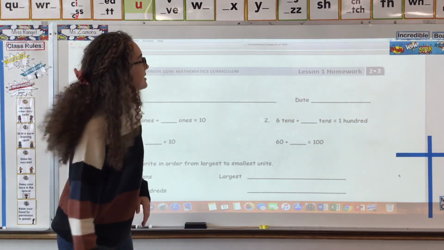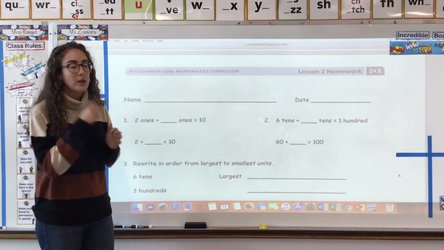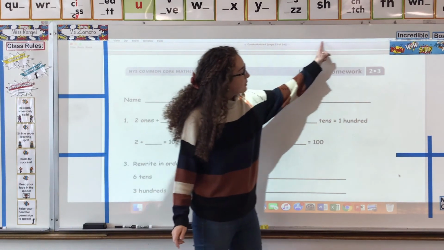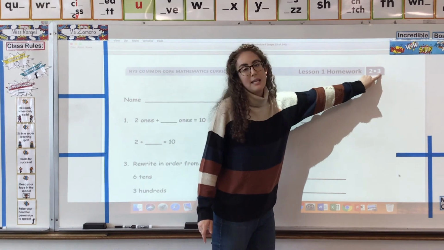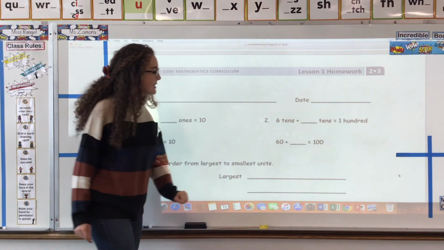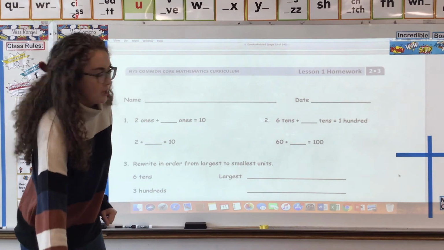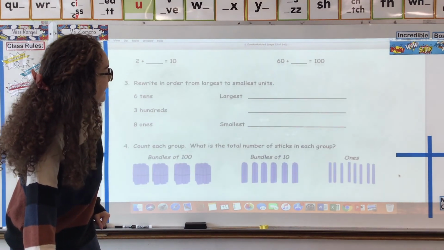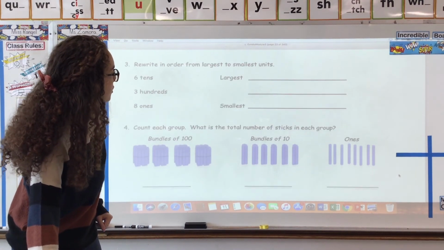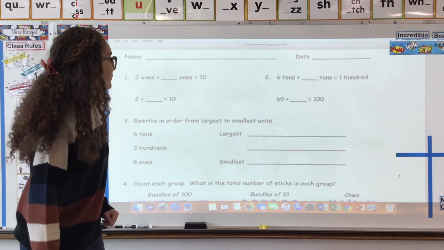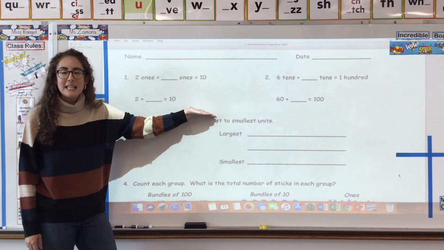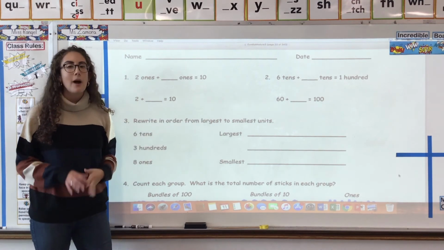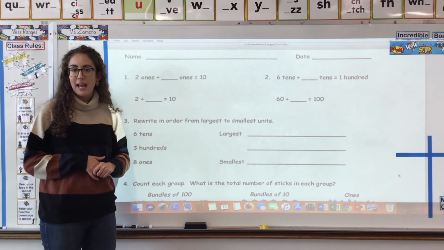So Super Scholars, this is lesson 1 homework. It will say right at the top right here with 2, 3 next to it. You just have this one tiny page that you are going to complete. On the top of this page, there are those place value problems that we talked about and warmed up with yesterday.